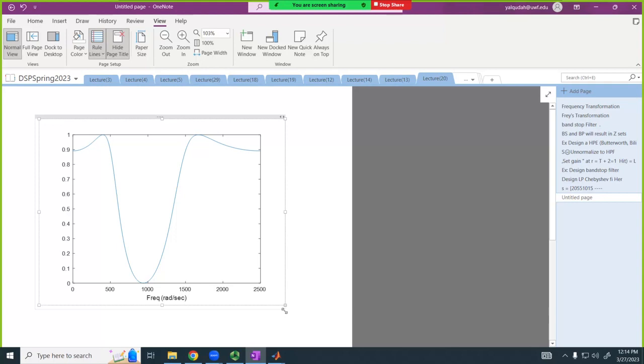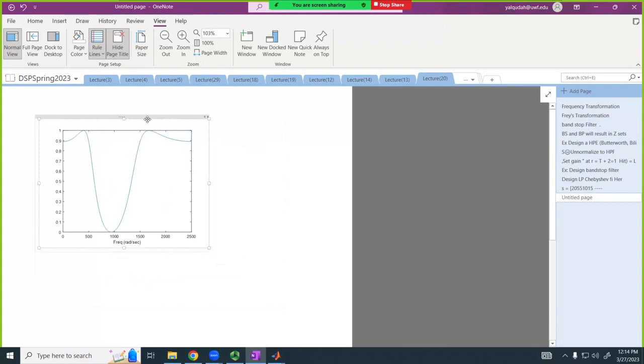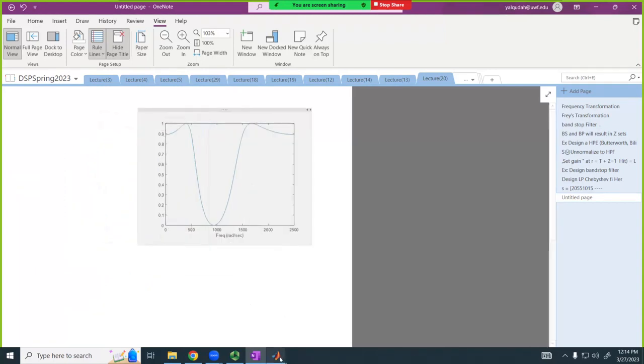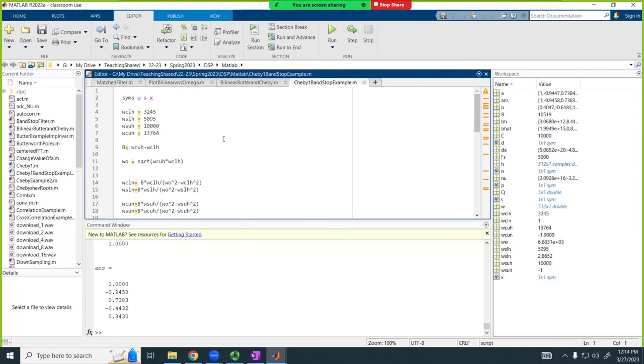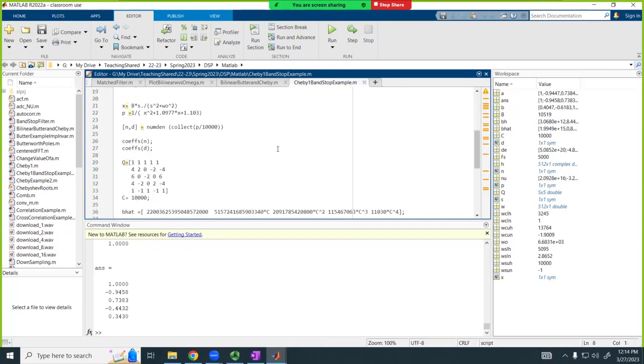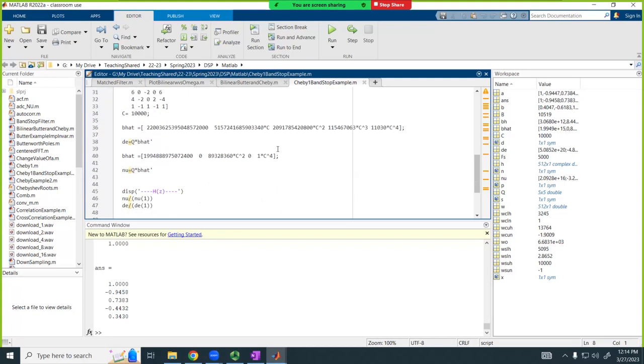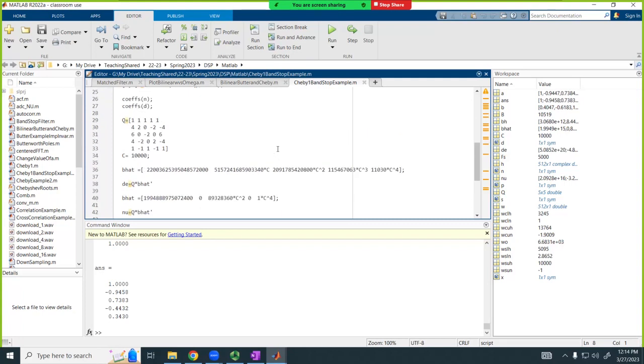I know we're getting to the end of this, but we'll run this, and please also run it when you go home. So I'm going to just copy it and paste it. And I intentionally wrote these numbers here so you can see them. Does that make sense?